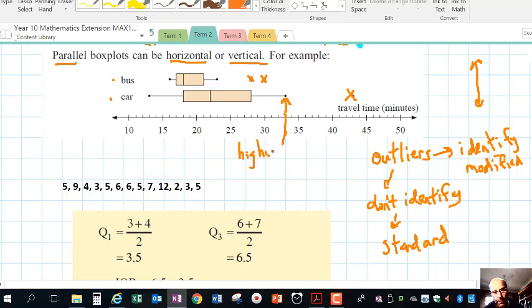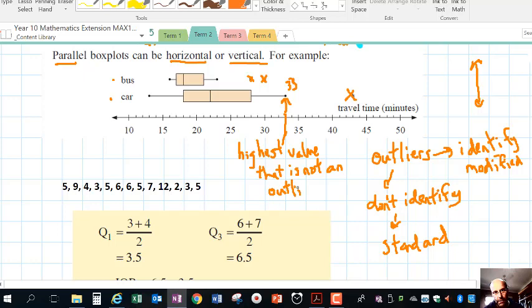It's important to note that it goes to the highest value that is not an outlier. So that value there, which looks like it's 33, must have been in the data set, and it was the highest value that was not an outlier. So important to note that.